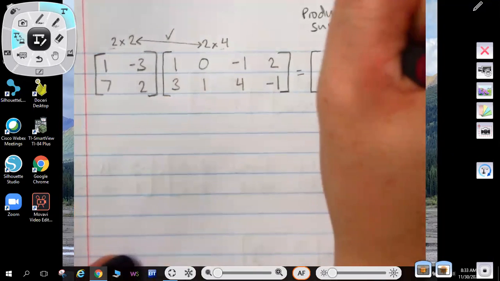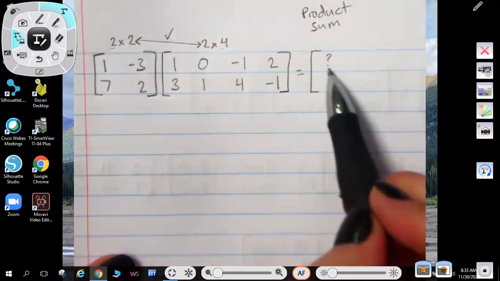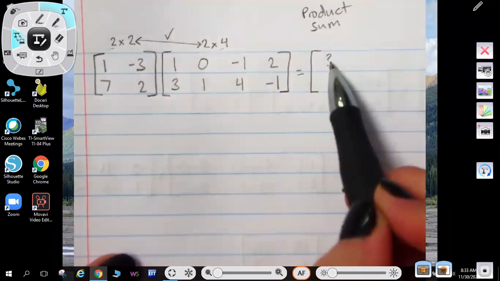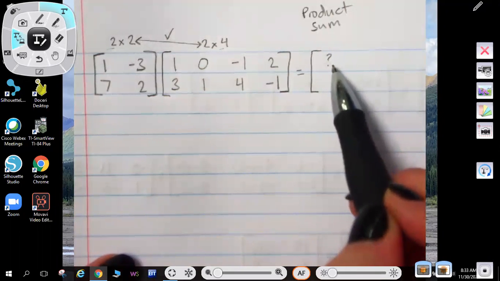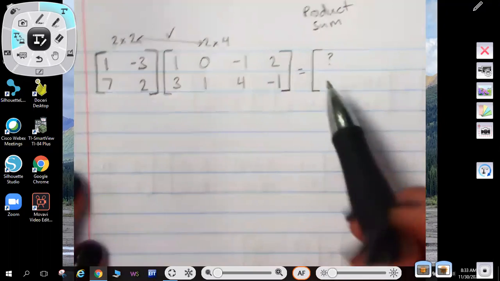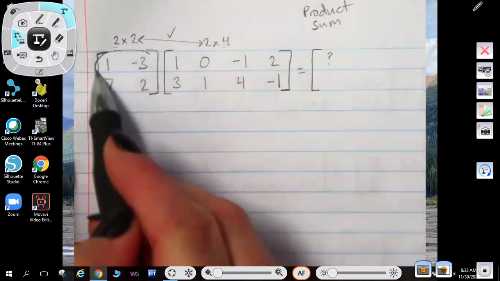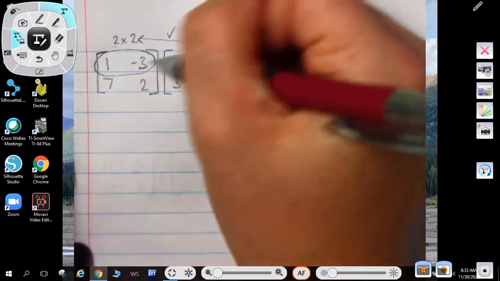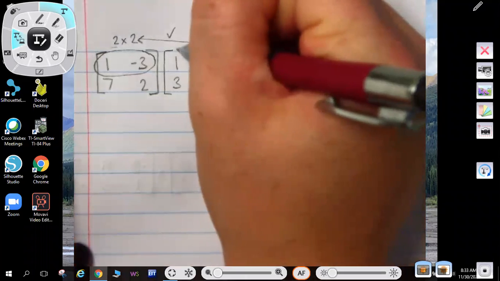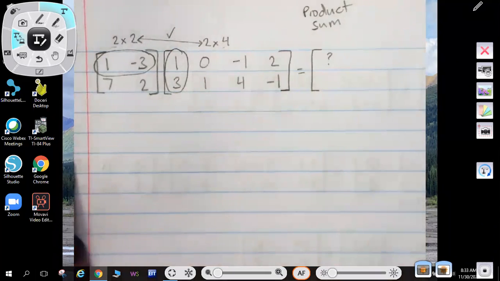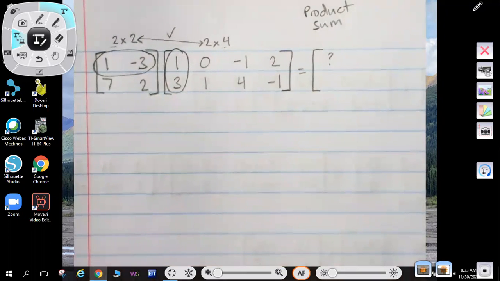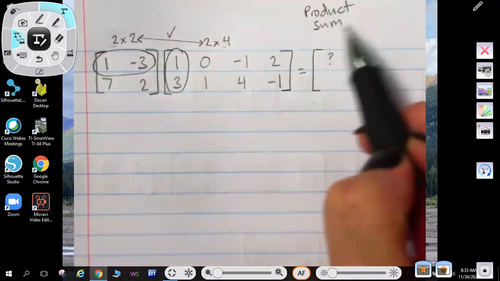So I'm wondering what number goes in the first row, first column of this matrix. I'm going to use the first row of the first matrix and the first column of the second matrix. First row, first column. And I'm going to do what is called a product sum.